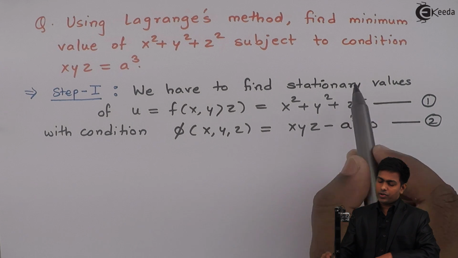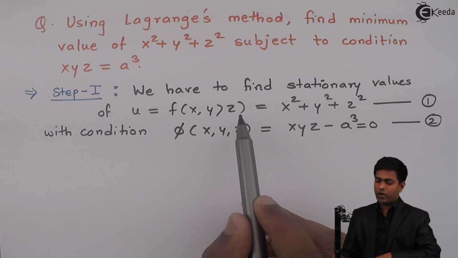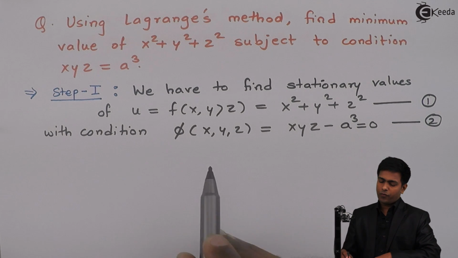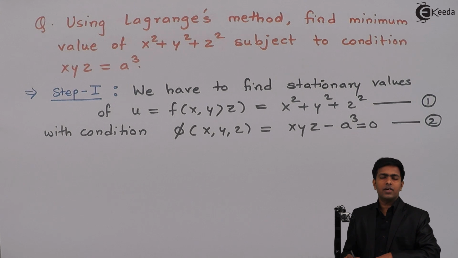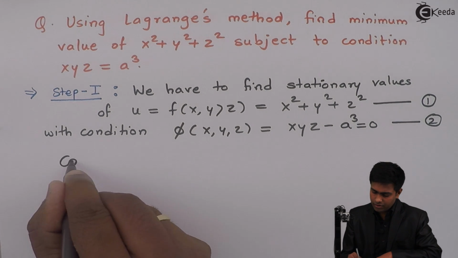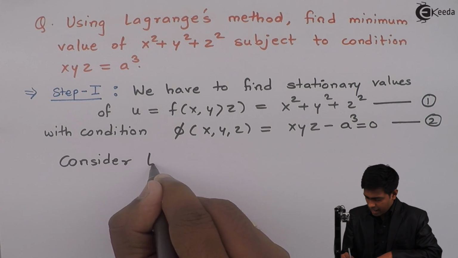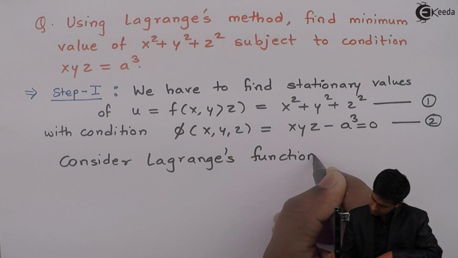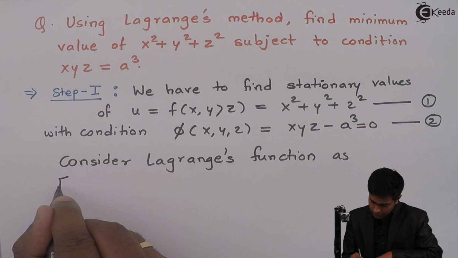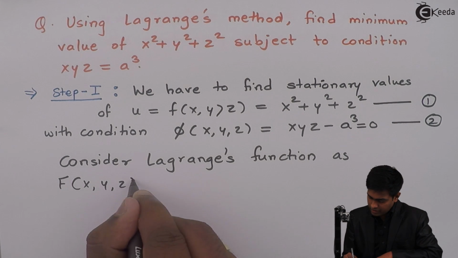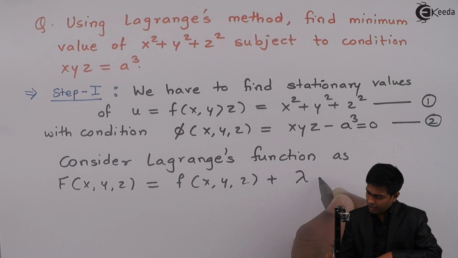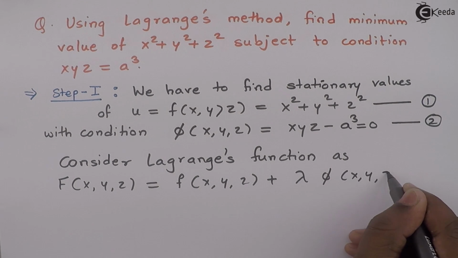So now we have to find out the stationary values of f of x comma y comma z with the condition phi of x comma y comma z, and to find it out by using Lagrange's method we have to consider the Lagrange's function. So here I will consider Lagrange's function as F of x comma y comma z equal to f of x comma y comma z plus lambda phi of x comma y comma z.